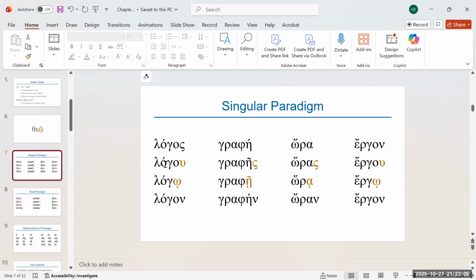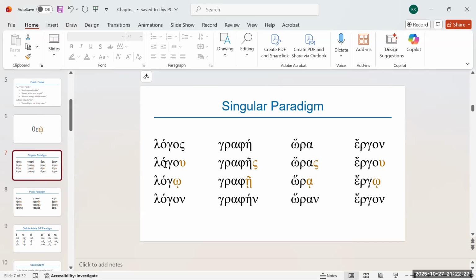Logou is masculine, genitive, singular, of word, and the lexical form is logos.